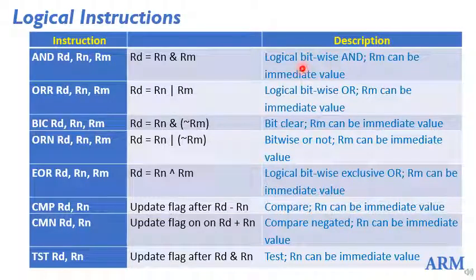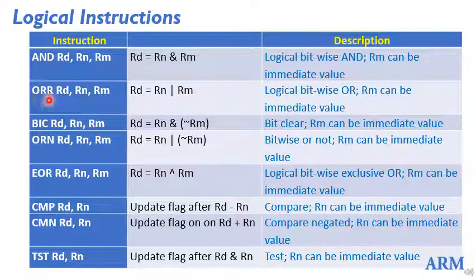Okay. So here Rn ampersand Rm, that is the bitwise AND operation is performed on these two operands, and the result will be stored in the destination register. So here also Rm, that is the second source operand, can be an immediate value.